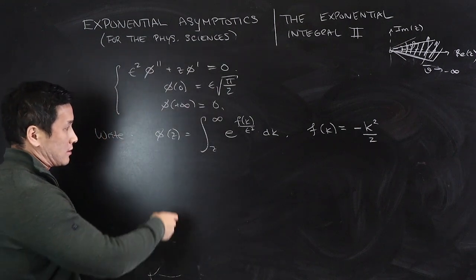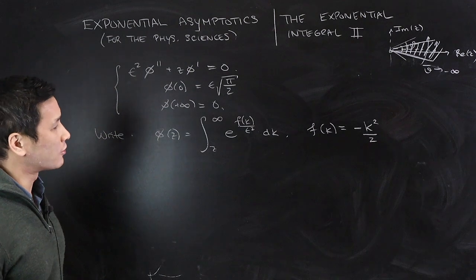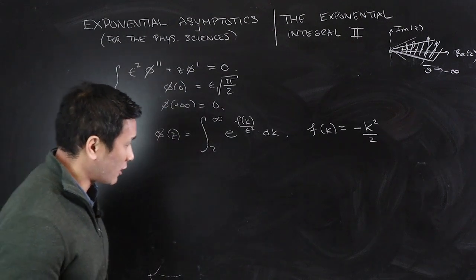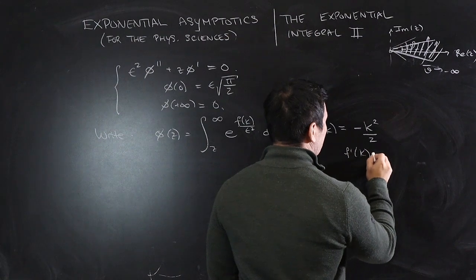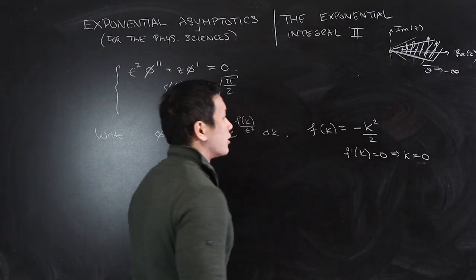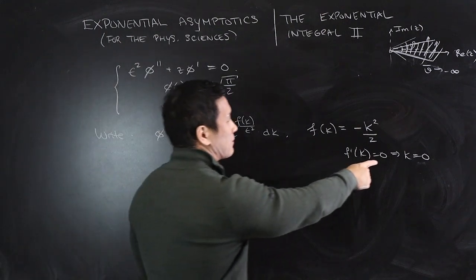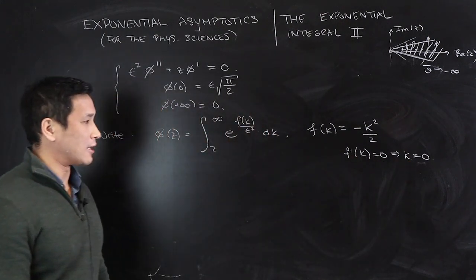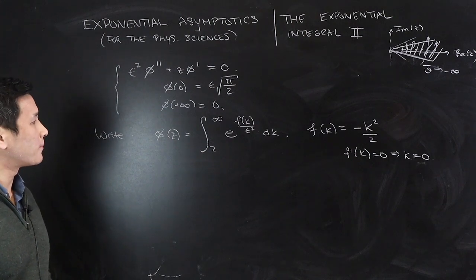So it's the integration of a saddle, basically, and there's a saddle point. You can look at where f prime is 0: f prime of k is equal to 0 when k is 0. So off the top of your head, when you do the steepest descents, there might be some special considerations with k equal to 0. Okay?